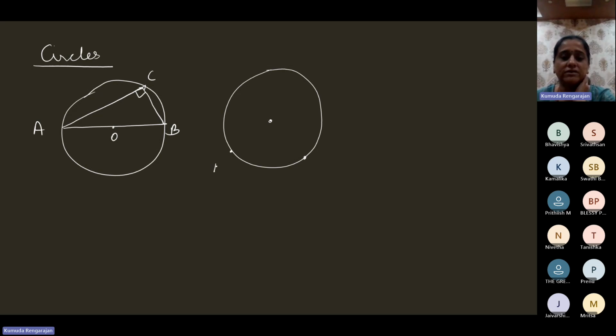Arc AB subtends angle AOB at the center.